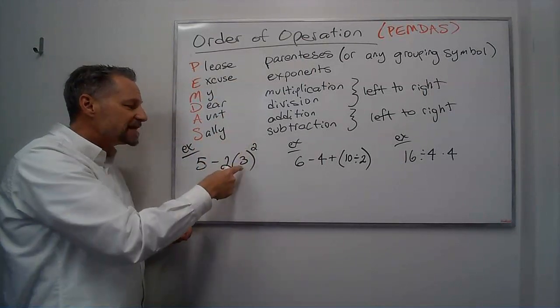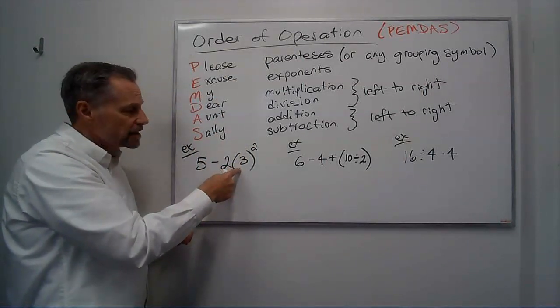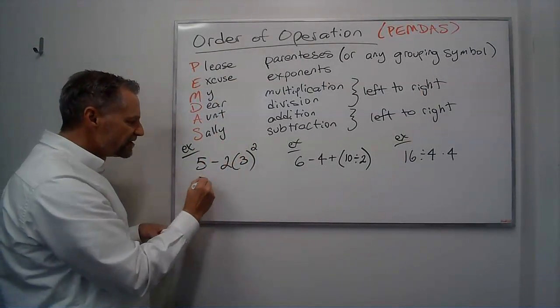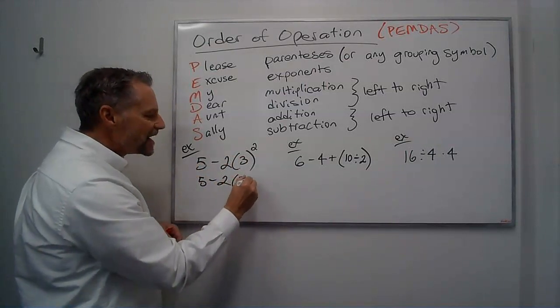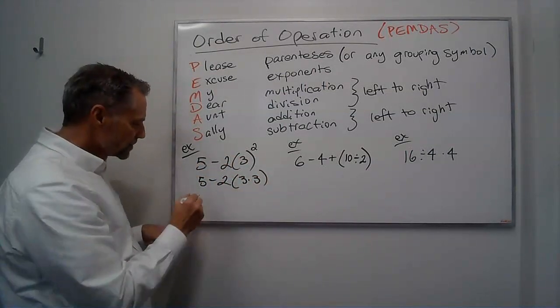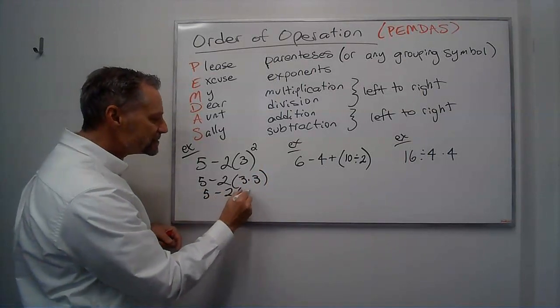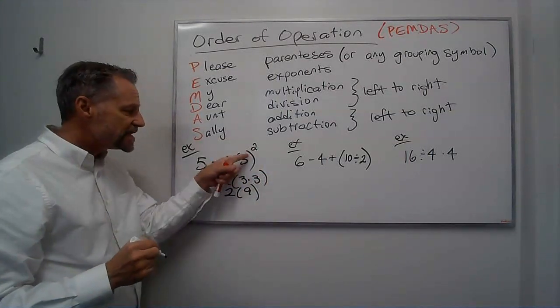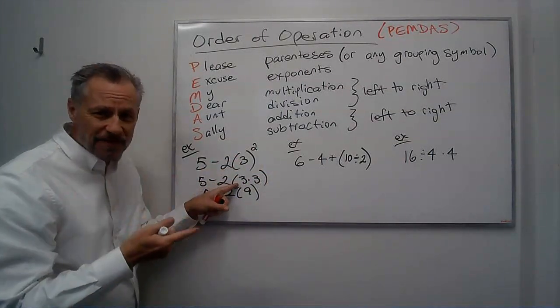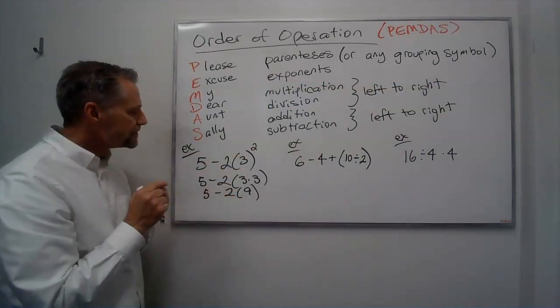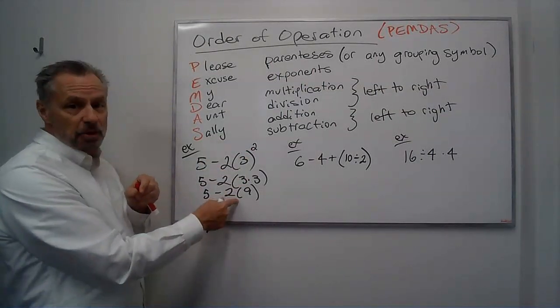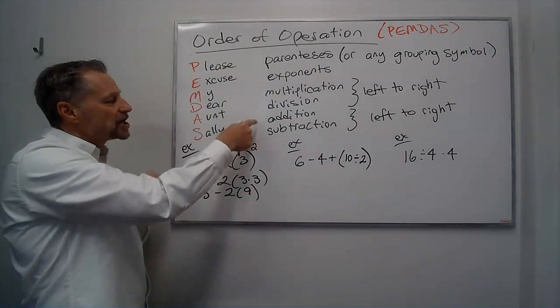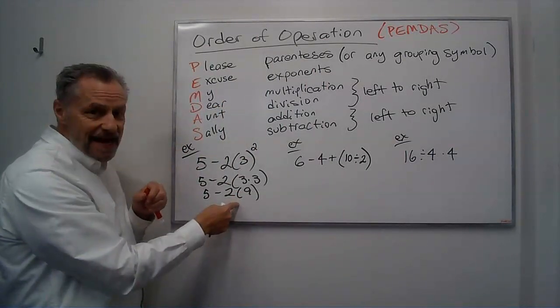Well, the 2 is the exponent just for the 3. So this means 5 minus 2 times 3 times 3. Okay, so 5 minus 2 times 9. So I do the exponents first, and you don't have to write that step out. You can just do the 9. And now I've got subtraction and multiplication. Well, multiplication comes before subtraction, so I do that next.